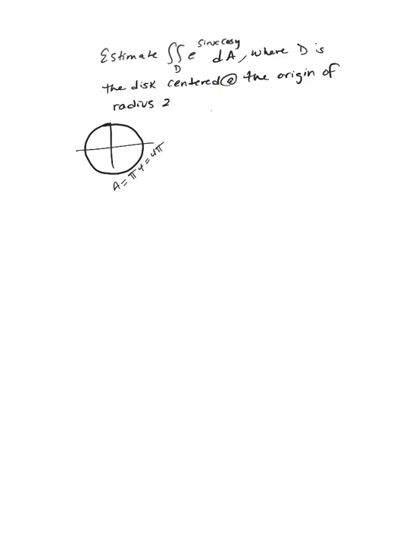Keep that in mind. All right, since -1 is less than or equal to sine x less than or equal to 1, and -1 is less than or equal to cos y less than or equal to 1, that means that the product sine x cos y has to be bounded between -1 and 1.